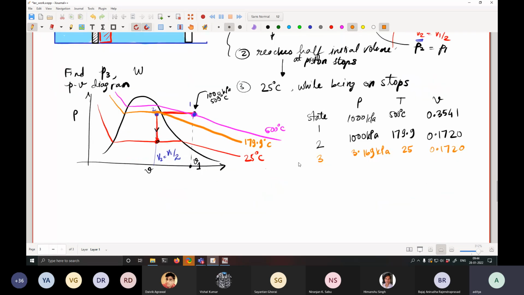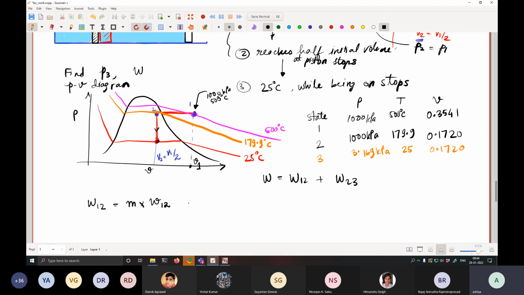Okay, so we now have all the state points. Now let us find out the work done. What is the total work done? The total work done will be work in process 1-2 plus work in process 2-3. Work during 1-2 is mass times the specific work.